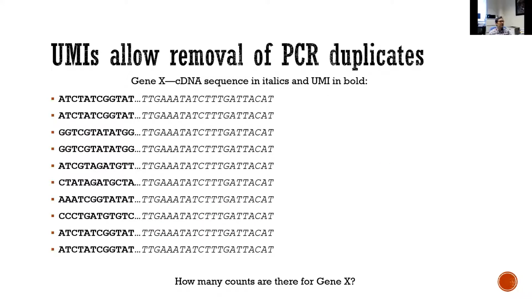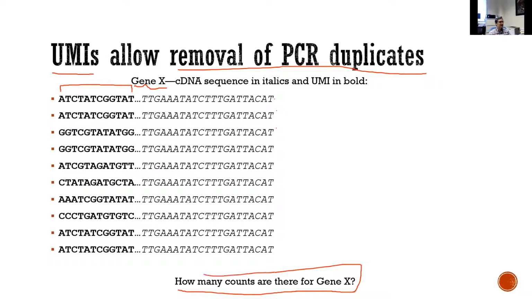So here I want to use this example to show you why UMI is important to remove the PCR duplicates. In this particular example, we have a UMI in bold, and then we have a cDNA sequence, which is sequenced from a particular gene. They're all the same, so we know this is from a gene X. Now my question is, how many counts are there for this gene X?